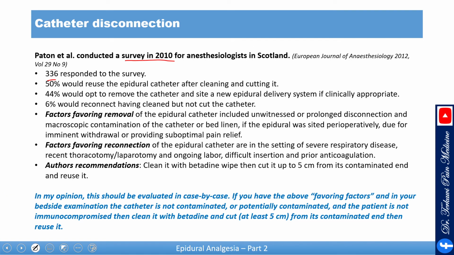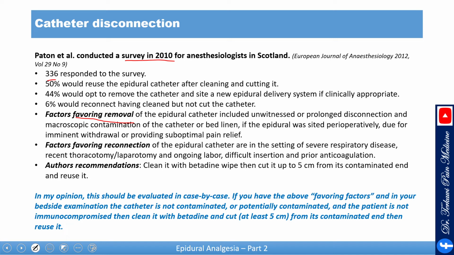My personal opinion, again, check if you have an institutional protocol, but that's my personal opinion. It's a case-by-case condition. So if you have the above favoring factors and you don't have the above unfavoring factors, and in your bedside examination the catheter doesn't look contaminated or potentially contaminated, the patient is not immunocompromised, the patient is not anticoagulated.